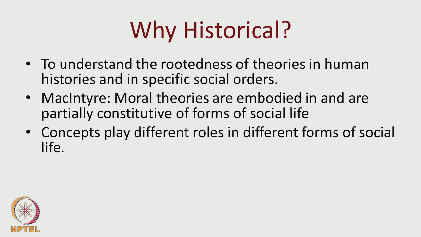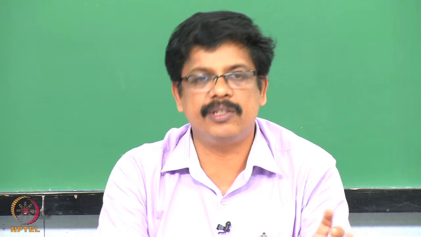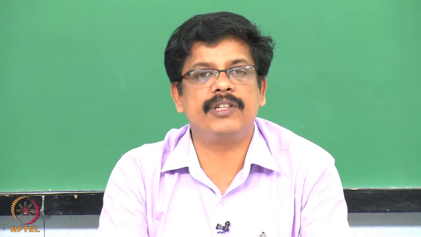So, concepts also have different roles in different theoretical frameworks and also social contexts. And here, to understand the ethical values relevant for a profession, which we are precisely trying to do in this lecture series, we have to see the historical evolution of a profession through different historical social contexts.